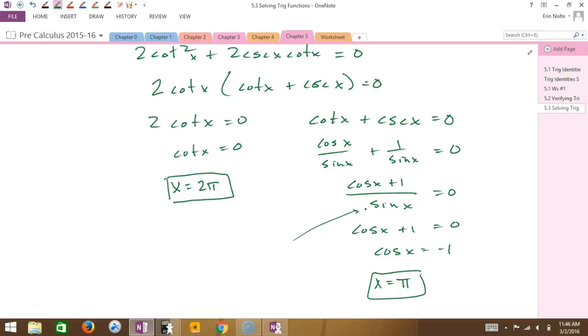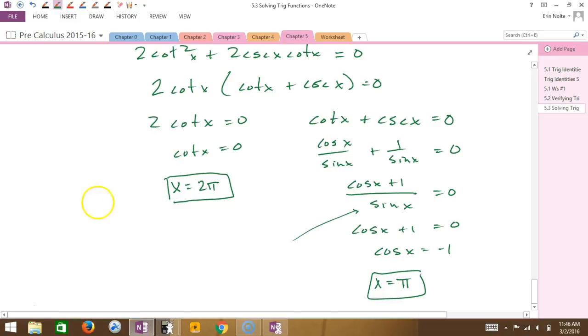Pi. The y, the sine is y, so y is 0 at. Oh, I think 2 pi, because the y, not the x. The y is 0 at 2 pi. Oh, I see what you're saying. So it's a no solution?